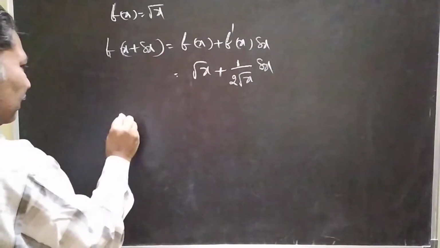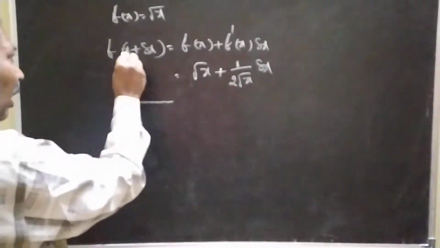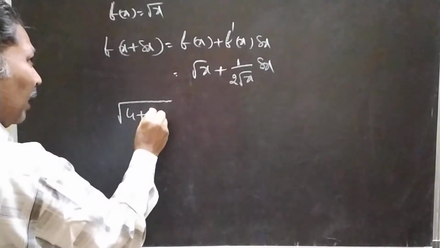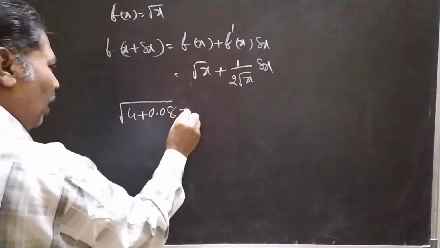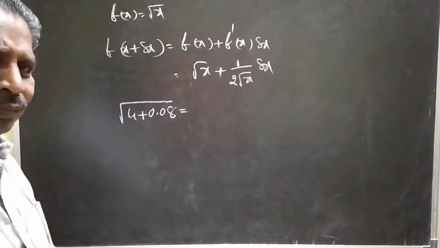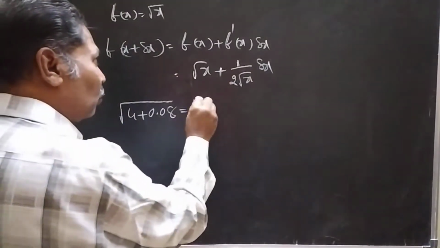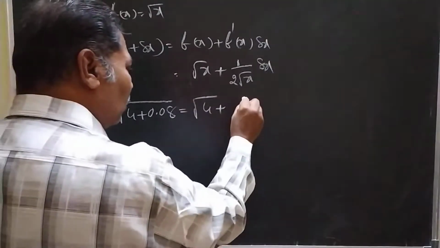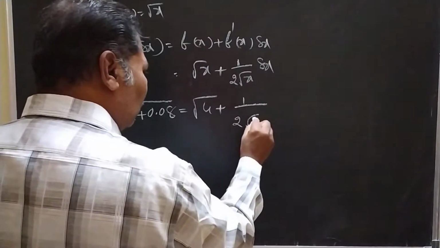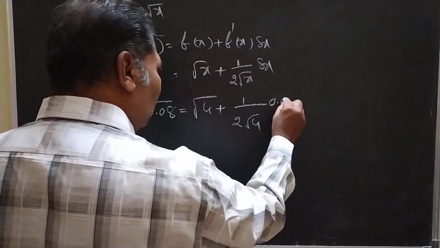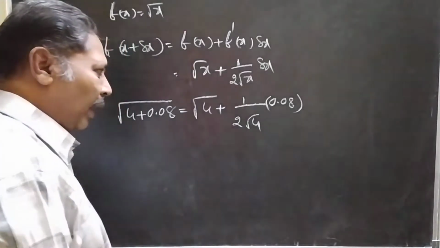Here f means function. x plus 0.08 equals root 4 plus 1 by 2 root 4 into delta x value.